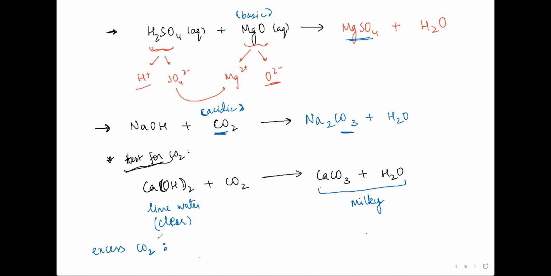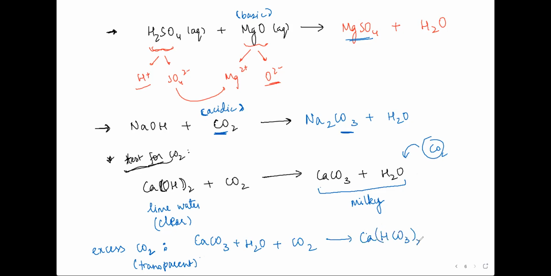So what happens is, on passing excess CO2, the milkiness becomes transparent again. The reason is that you already have CaCO3 and H2O, and you're adding more CO2, so this will react with more CO2 and produce calcium bicarbonate, Ca(HCO3)2, and H2O.